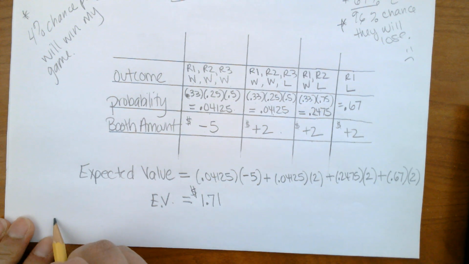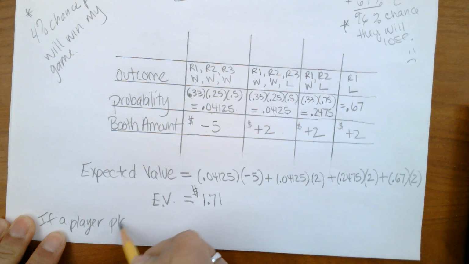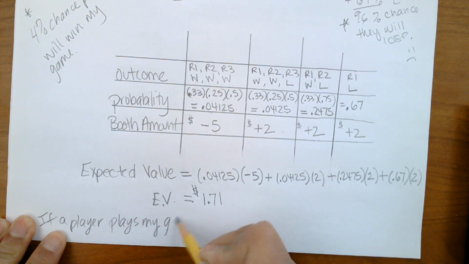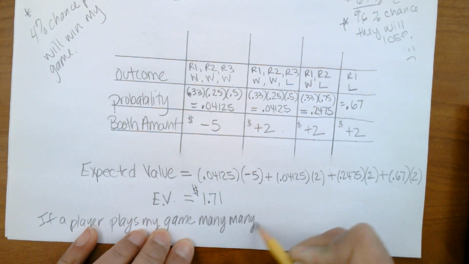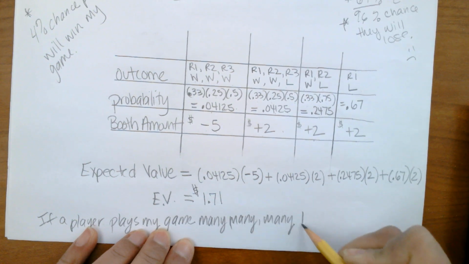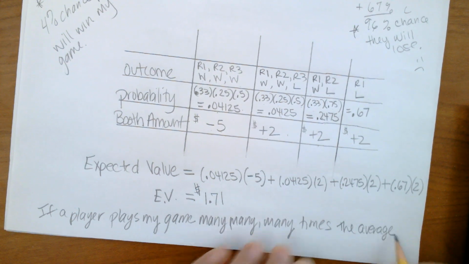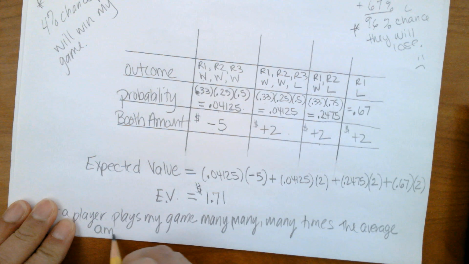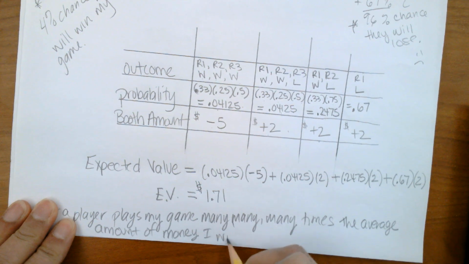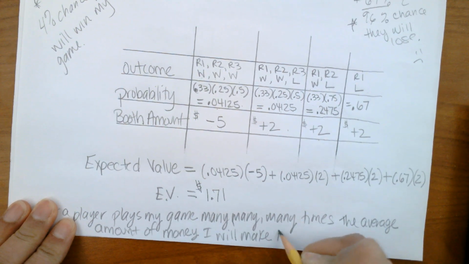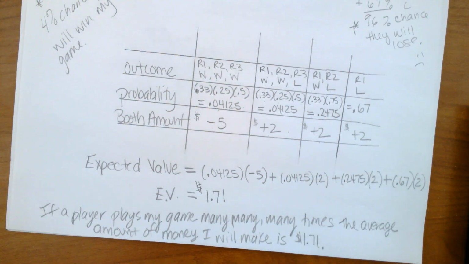So if a player plays my game many times, the average amount of money I will make is $1.71. Now, here's the thing.